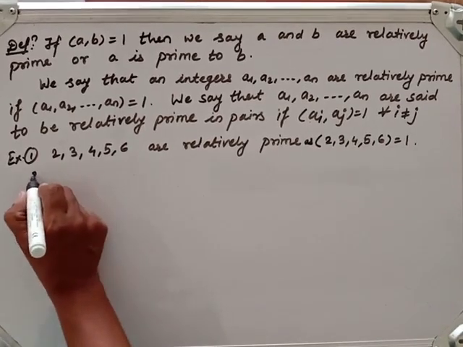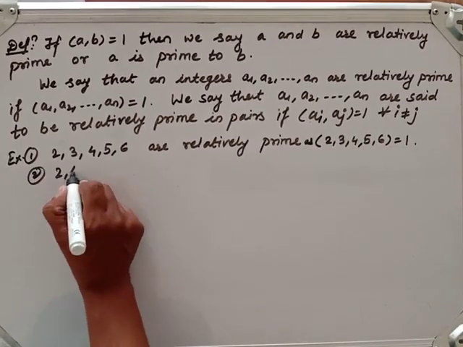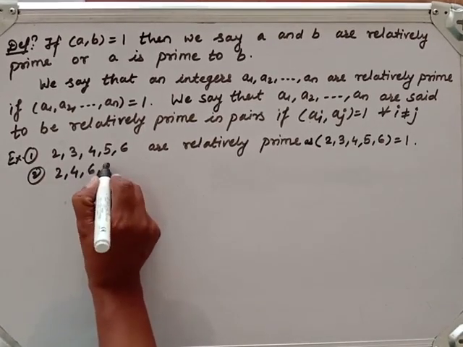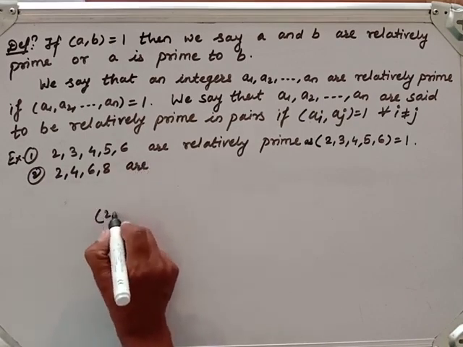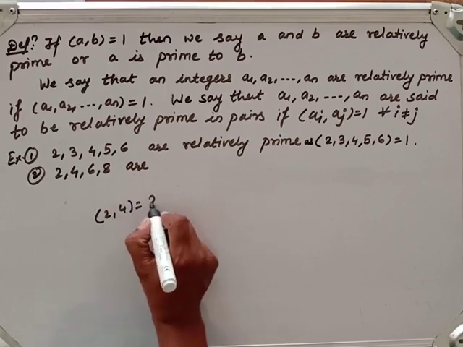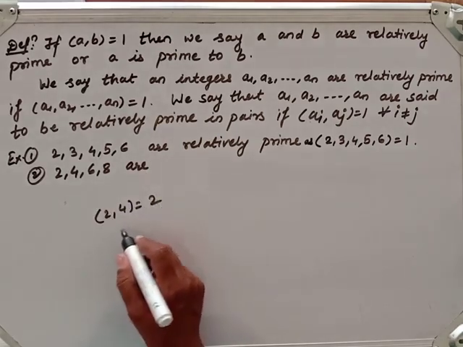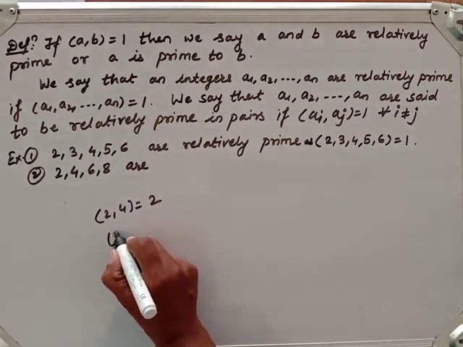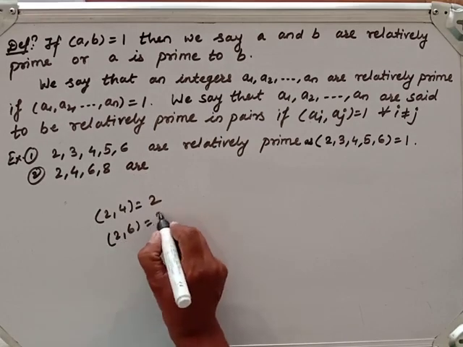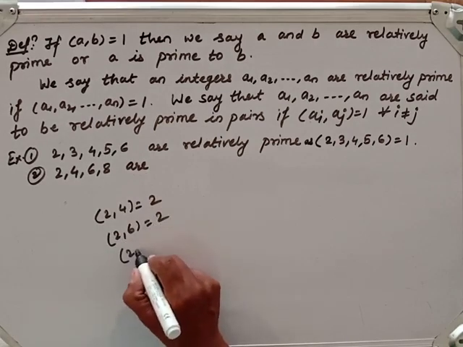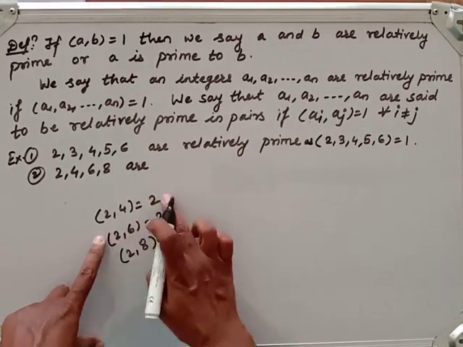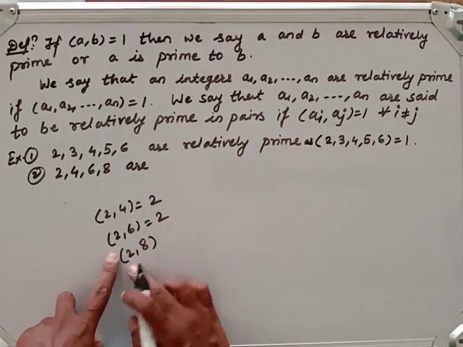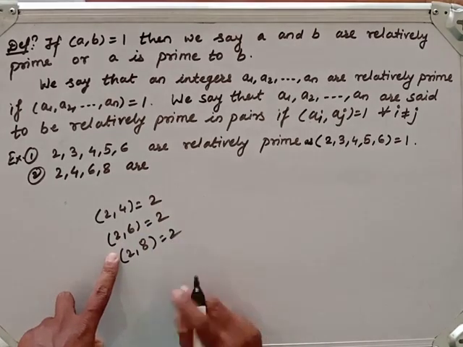Now the second example: 2, 4, 6 and 8. The GCD of 2 and 4 is 2. The GCD of 2 and 6 is also 2. The GCD of 2 and 8 is also 2.